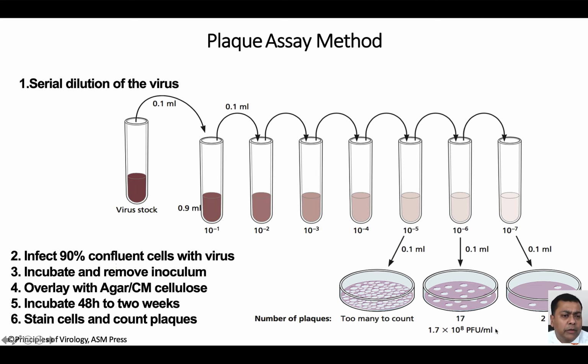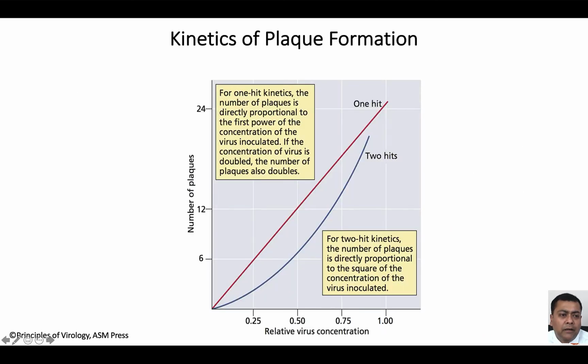Now, what is a plaque forming unit? Plaque forming unit is basically the virus which is infectious in the cell to form one plaque. And we'll define that much more clearly later. Now, if you just see the kinetics of the plaque formation, this is called a one-hit kinetic, meaning if one cell is infected by one virus, you are going to get a straight linear curve like this, and the number of plaques is directly proportional to the concentration of the virus inoculated.